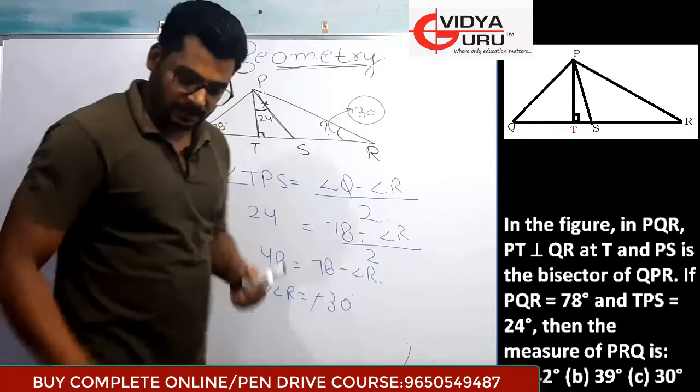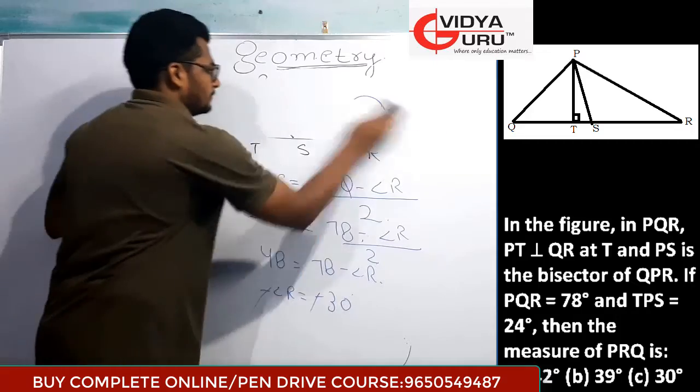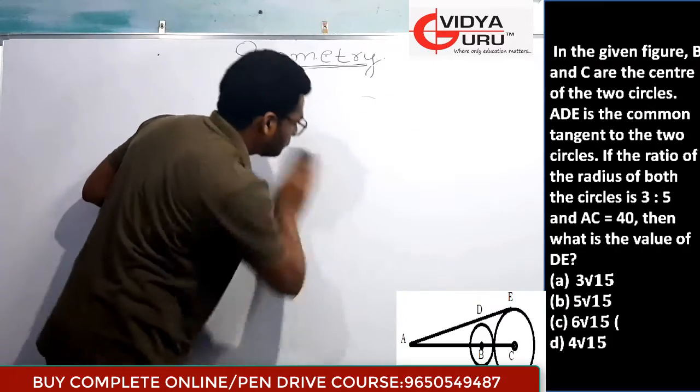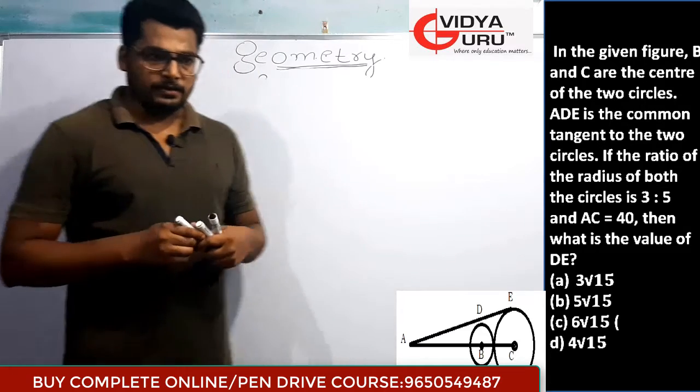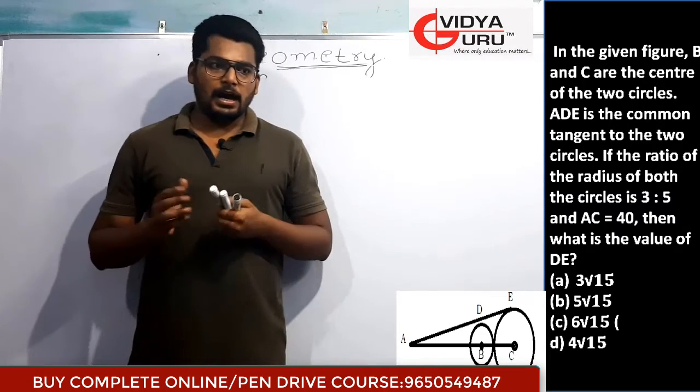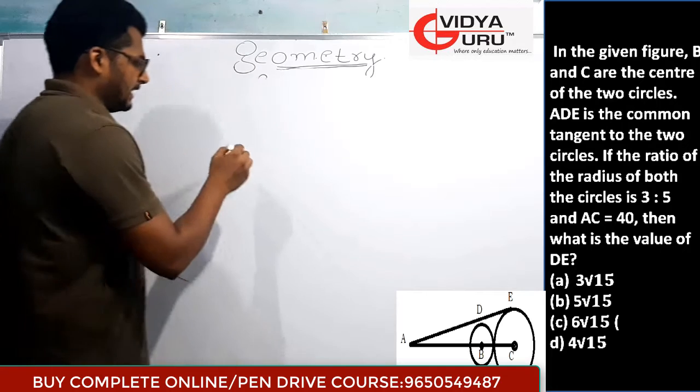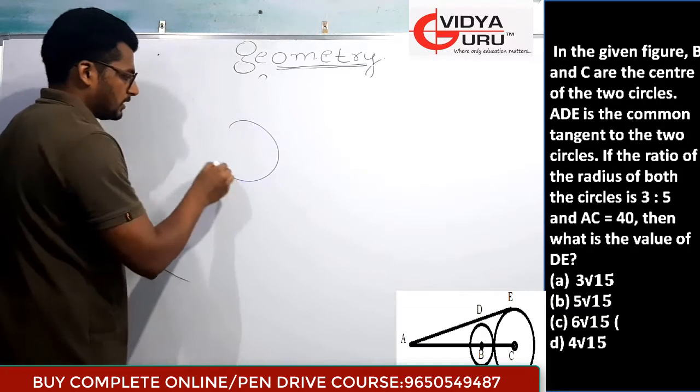So coming on to our next question. What is the next question saying? In a given figure, B and C are the centers of two circles. There are two circles given.